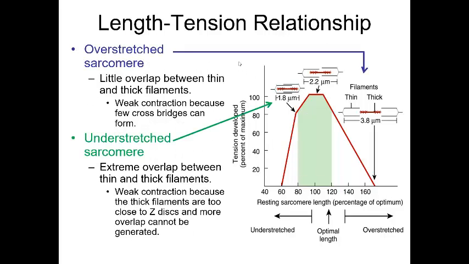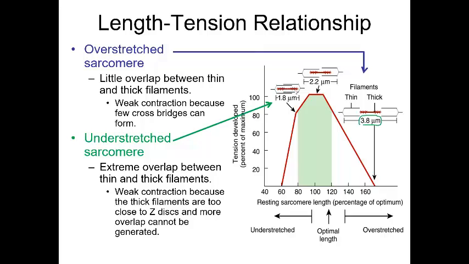So when there's an overstretched sarcomere, you don't have optimum tension because there's weak contraction and few cross bridges can form. So over here the length of the sarcomere is about 3.8 micrometers, and the myosin and actin cannot form optimum cross bridges because the sarcomere has overstretched.